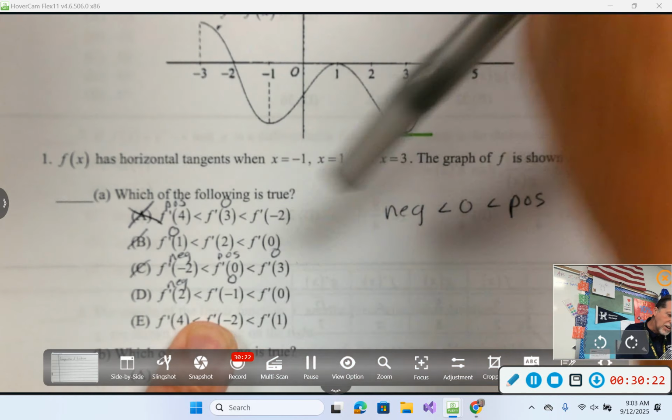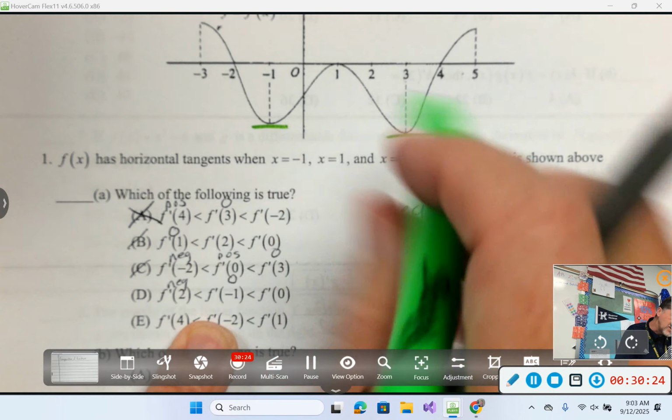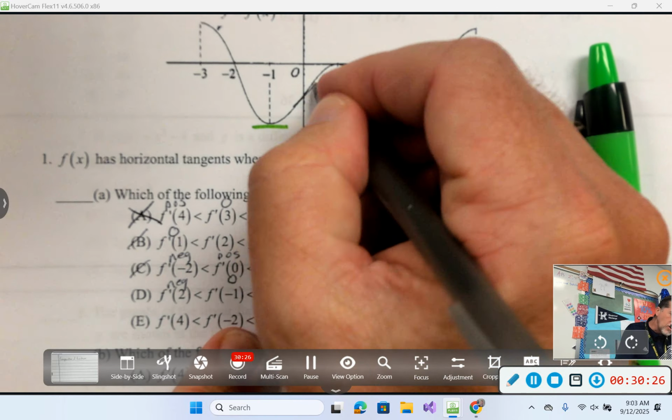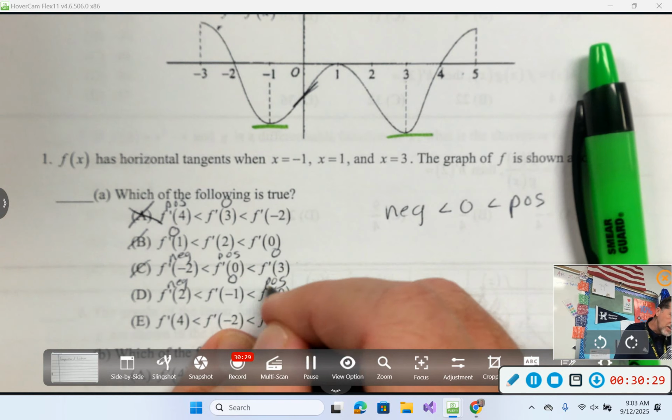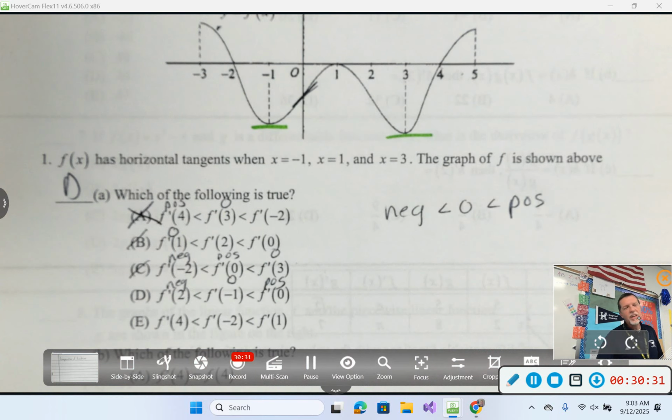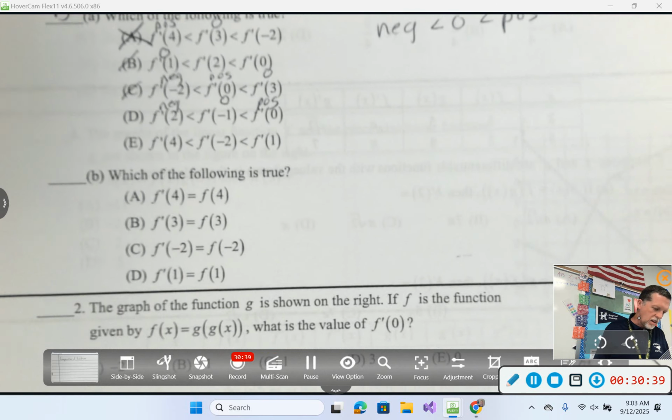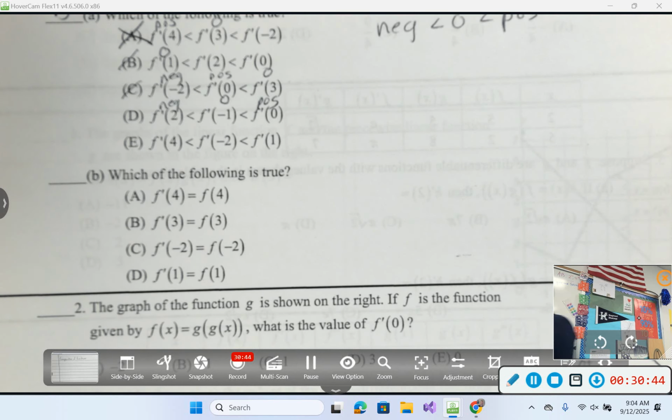I think I found it. And f prime at 0 is positive. So answer choice D. So try 1, 2, and 3. See if you can get through that first page.